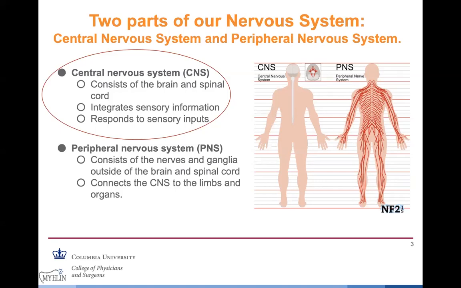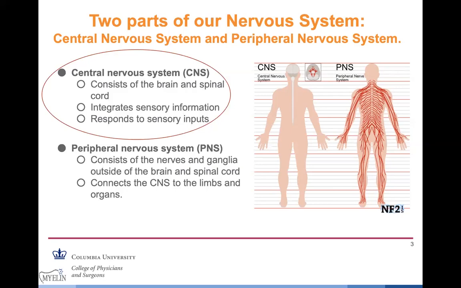The central nervous system is really responsible for our ability to integrate all the sensory information in our environment, codify it, and utilize it in our actions, whether they are cognitive actions or physical actions.